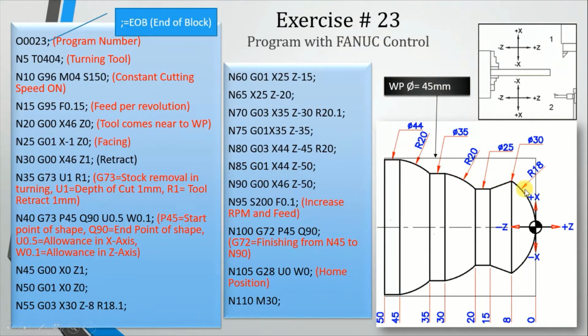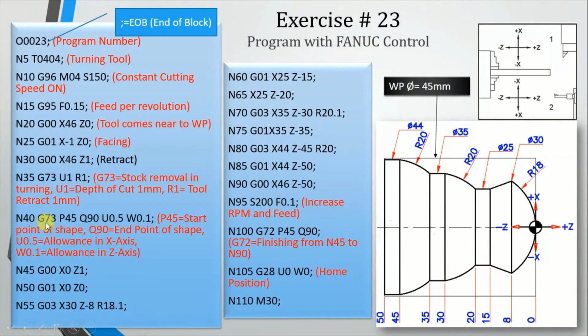We will keep half a millimeter in X and 0.1 in Z as extra material. It means that this diameter will not be 35, it will be 35.5, and this will not be 30, this will be something like 29.9.